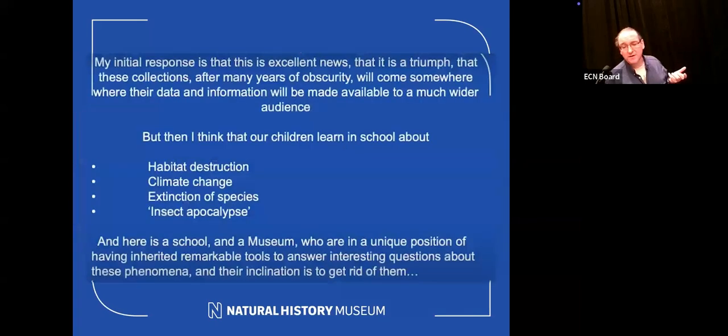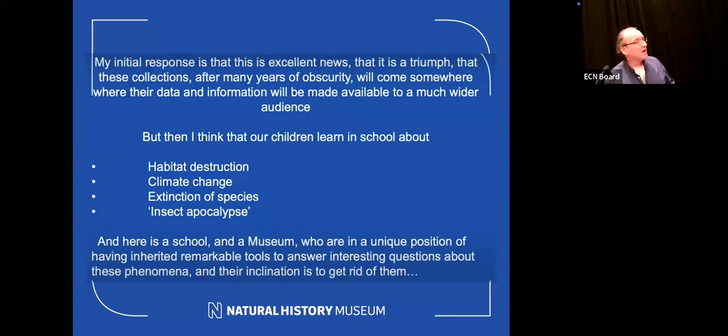My concern is that while initially this was exciting, to have obtained these fantastic collections and made them available for research, there was also a concern. Children are taught about habitat destruction, they're taught about climate change, they're taught about extinction, they're taught about the insect apocalypse.